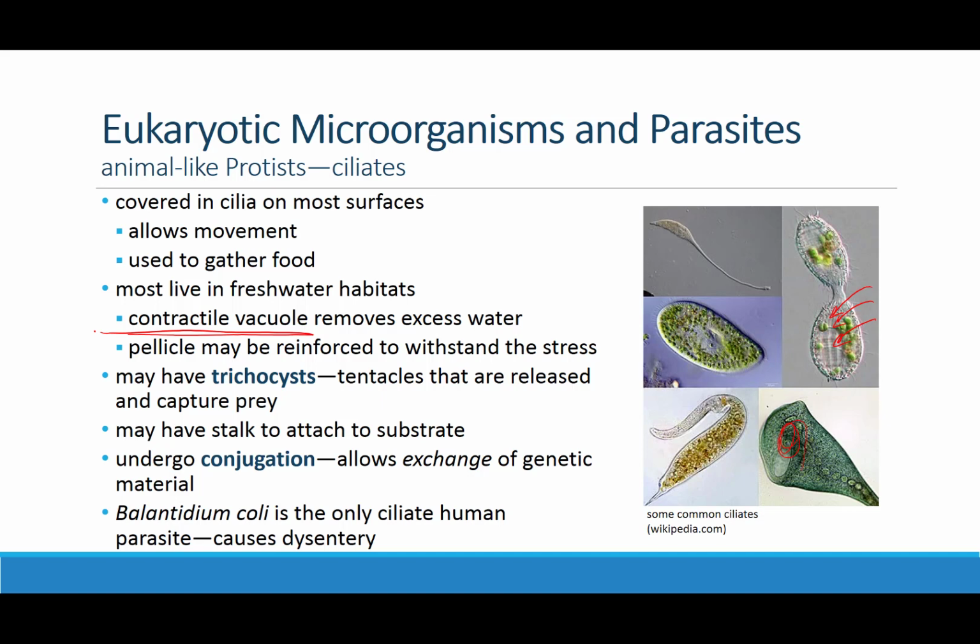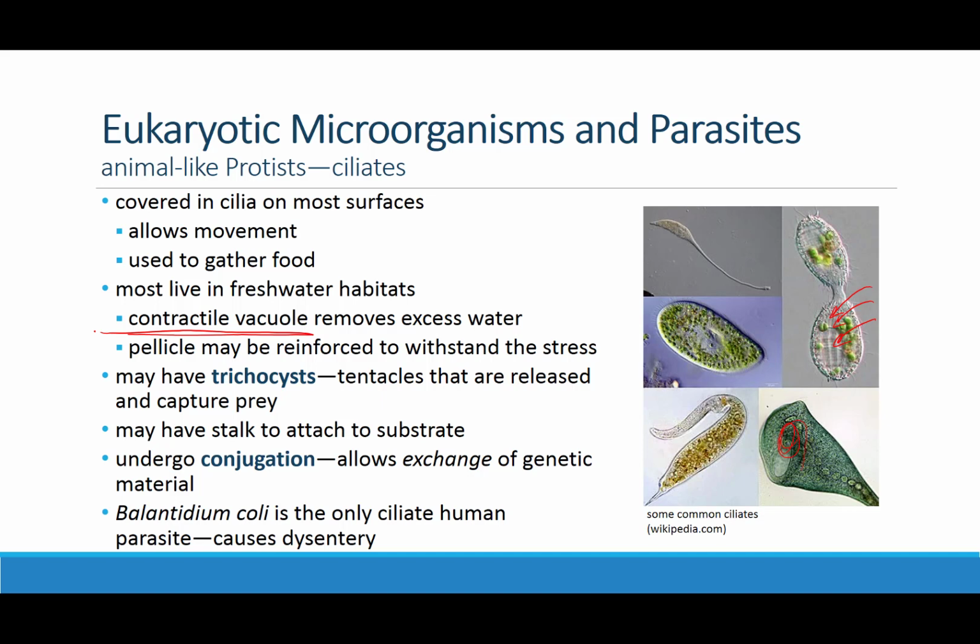They have a pellicle on them, and it may be reinforced to help to withstand that osmotic stress. They can have these structures called trichocysts, which are little tentacles that are released and then kind of wrap around prey and help to bring them close so that they can endocytose their prey.